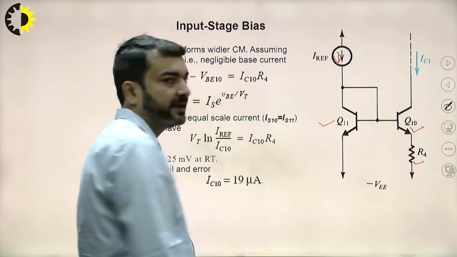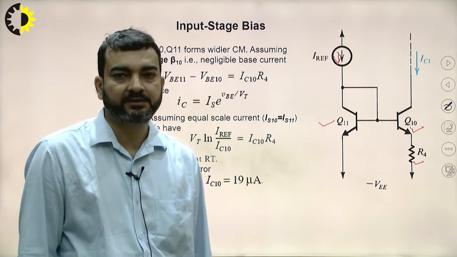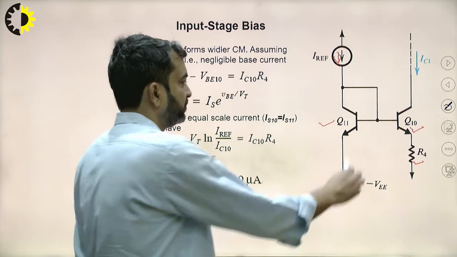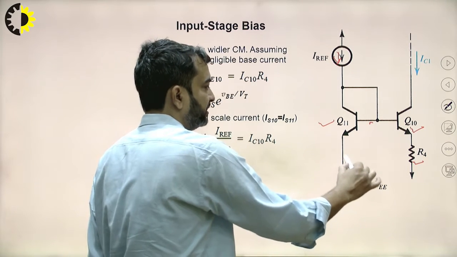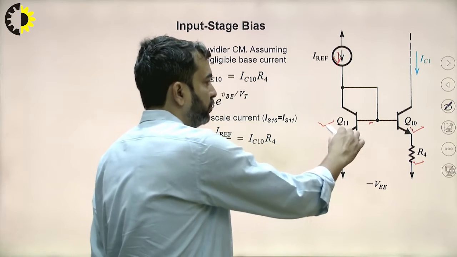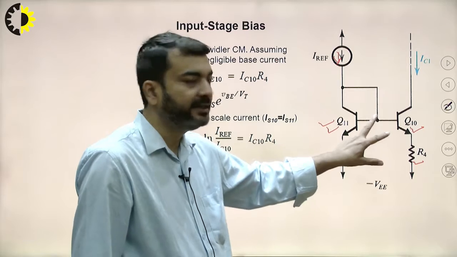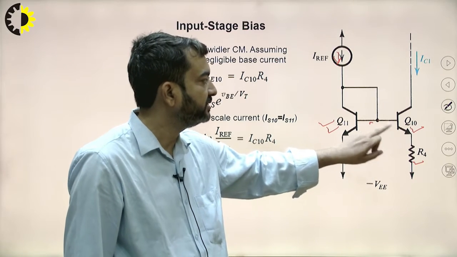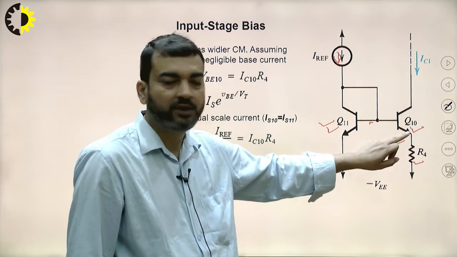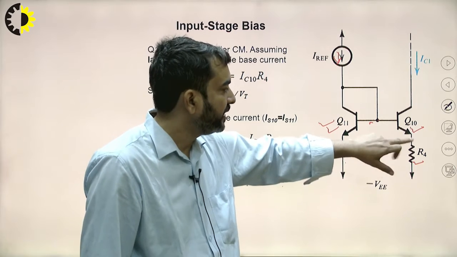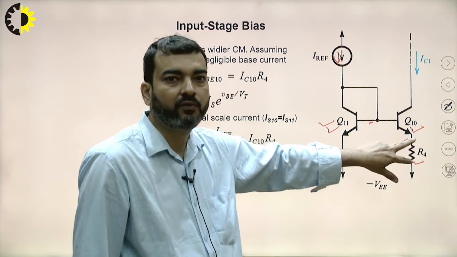If we assume the high beta case, this will create some drop across the base emitter of transistor Q11, and this drop will be divided in two parts: one in the base emitter voltage of transistor Q10, and the other across resistor R4.